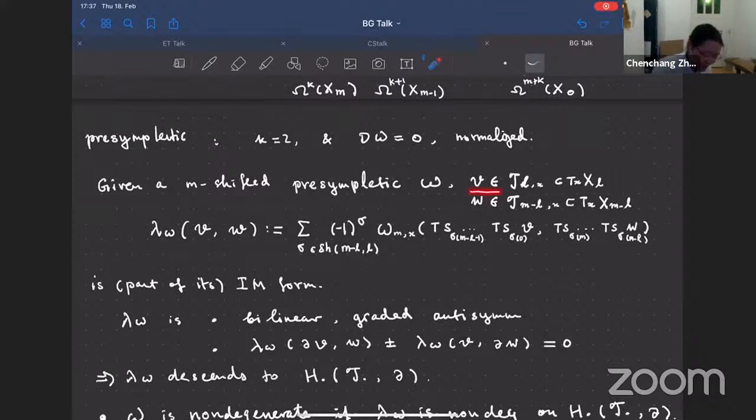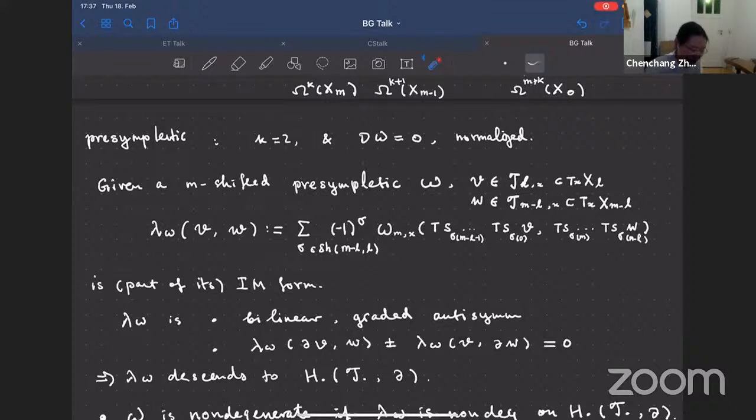You see, I take a tangent vector in degree l, and I take a tangent vector in degree n minus l, for an m-shifted pre-symplectic form. So it's a two-form, right? You differentiate, using some sort of van Est, and you get something on the tangent complex, right?